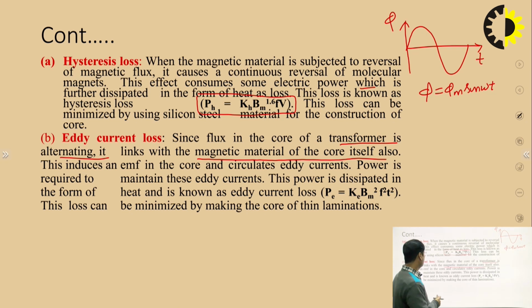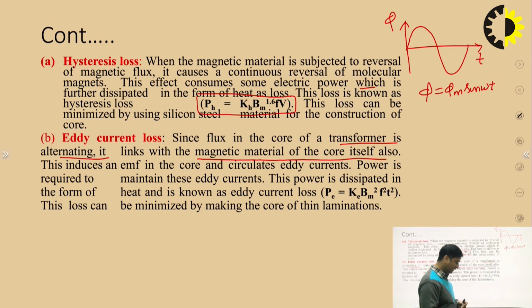This induced EMF is responsible for the circulating current in the core. Power is required to maintain this eddy current, and it is dissipated in the form of heat, called eddy current losses.